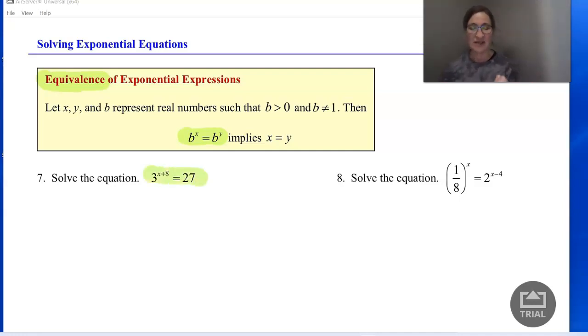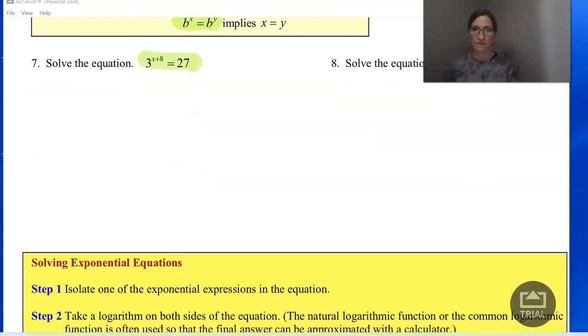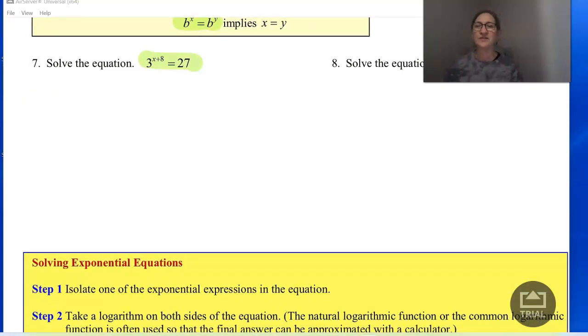Let's take this first example here. So we have 3 raised to the x plus 8 equals 27. What I want to do is convert 27 to an exponent that has a base of 3. Well, that would be 3 cubed. So now I have 3 raised to the x plus 8 is equal to 3 raised to the third.